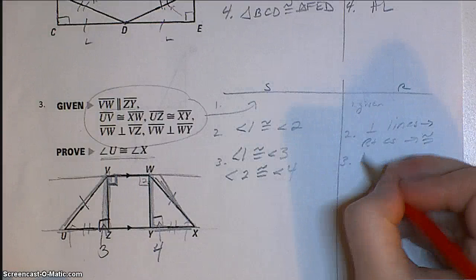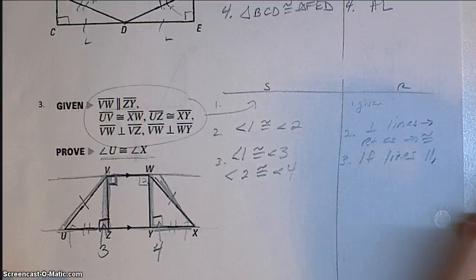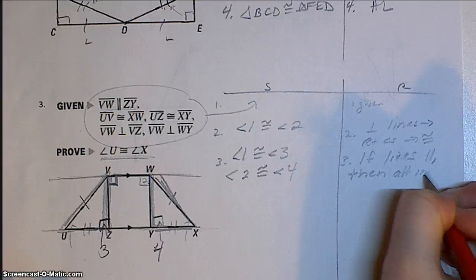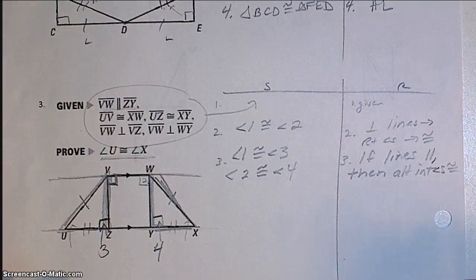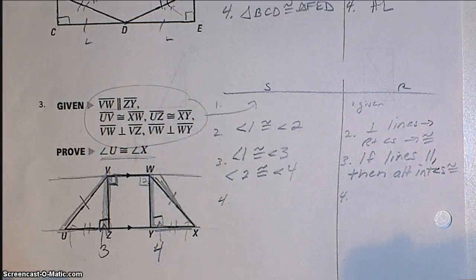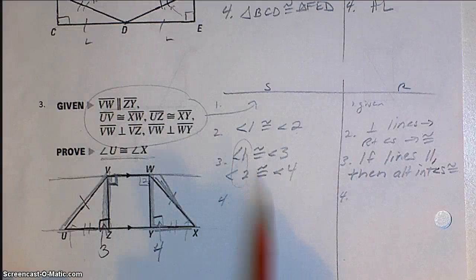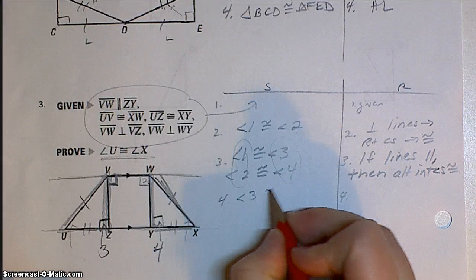Because if we have parallel lines, if lines parallel, then alternate interior angles must be congruent. Before we said that 1 and 2 are the same. So that means 3 and 4 have to be the same by substitution.